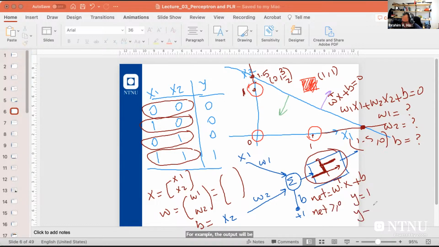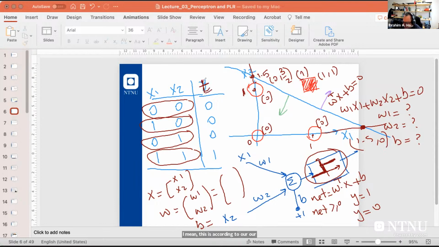Otherwise, the output will be, for example, 0. Because we will assume that all points which are located here will be classified as 1. This one will be classified as 1. This point will be classified as 0, this point as 0, and this point as 0. I mean, this is according to our truth table here. So this is the target value.